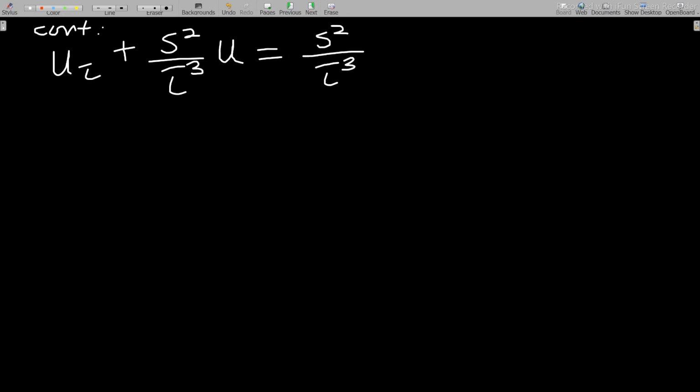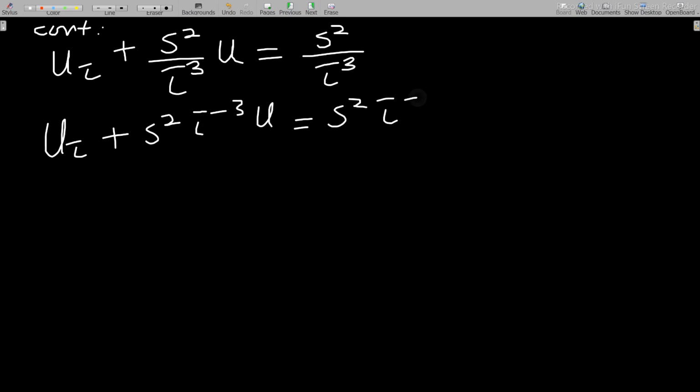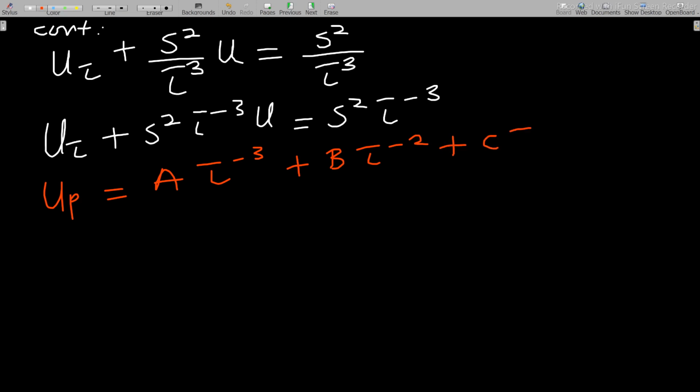Now this is in a linear form: s squared tau to the negative 3 u plus s squared tau to the negative 3. You can see that the order of this polynomial is 3, although it's a negative 3. So the particular solution we can write: we let a particular solution be u_p equal to some constant a times tau to the negative 3 plus some constant b times tau to the negative 2 plus some constant c tau to the negative 1 plus some constant d that we don't know.